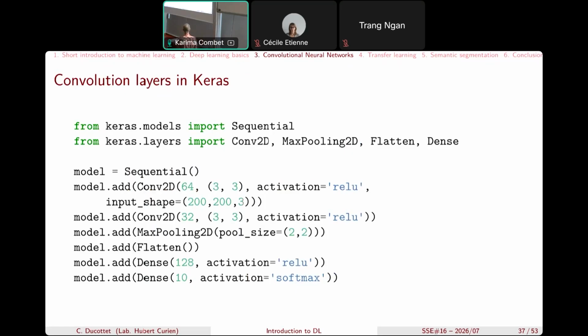And I choose an activation which is a ReLU. Here is the input size of the image. It's not mandatory to specify it. There will be another one, a max pooling, a flatten, a dense layer and another dense layer. All these instructions are describing the architecture of the network.